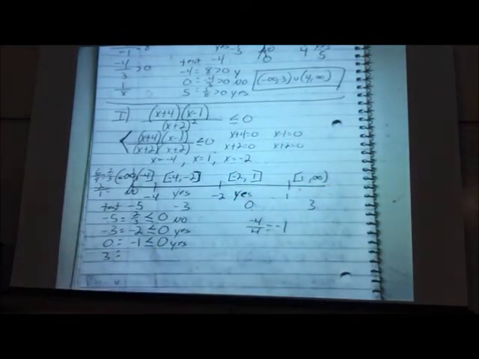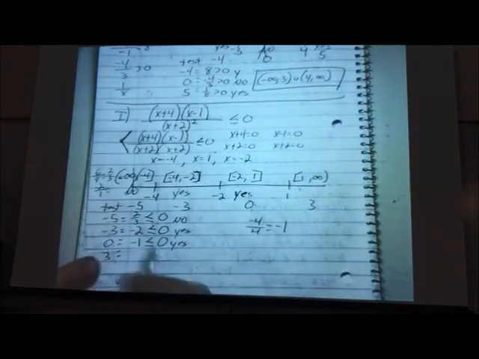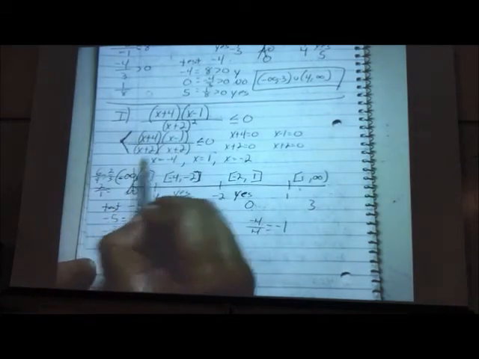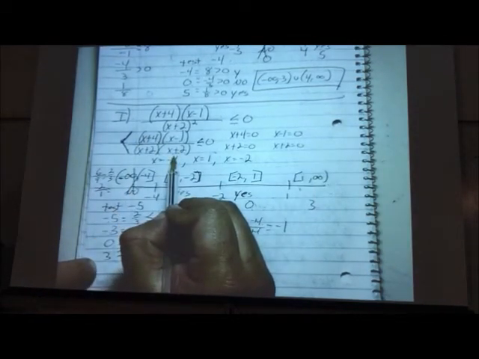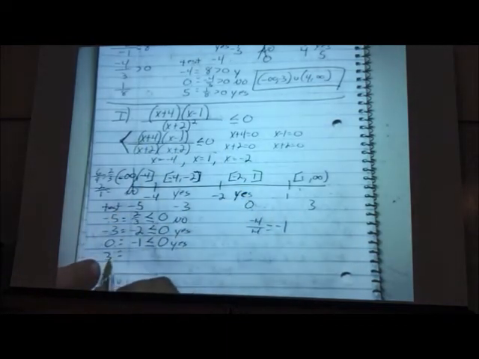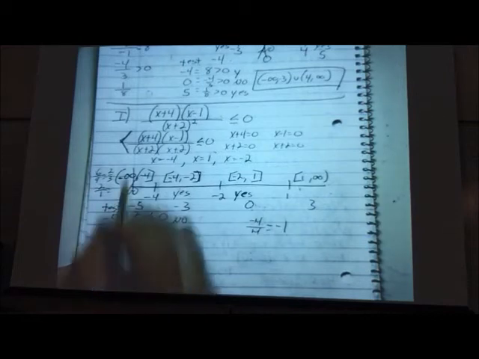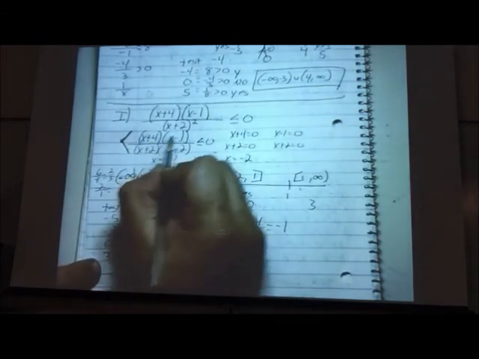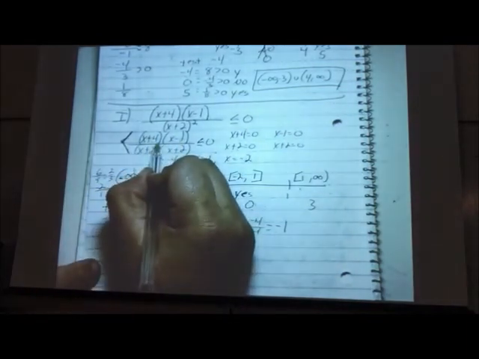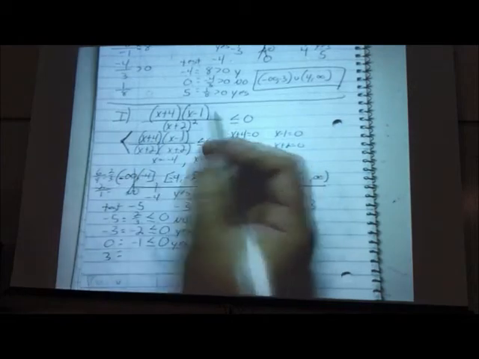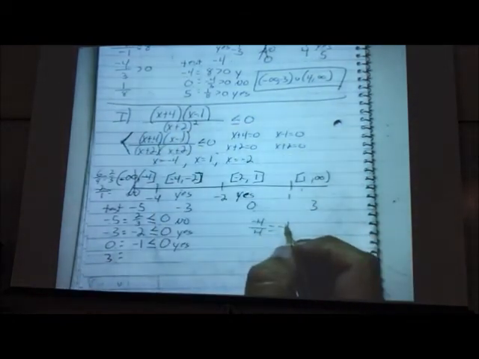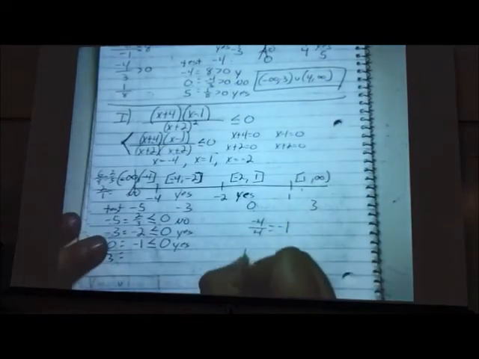Now 3. When we plug in 3, we get 3 plus 4, which is 7, and 3 minus 1, which is 2. 7 times 2 is 14.